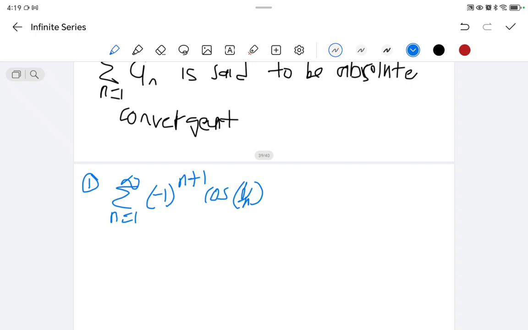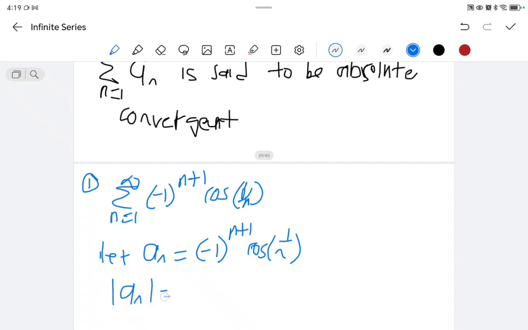If we're given this question, what is it that we can do? We're going to say let a of n be equal to minus 1 to the n plus 1 times cos of 1 over n, and also the absolute value of this is cos of 1 over n.